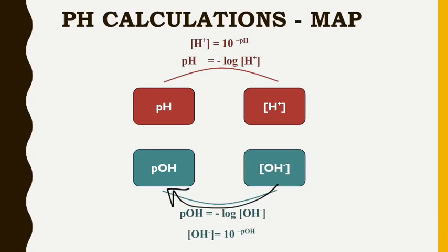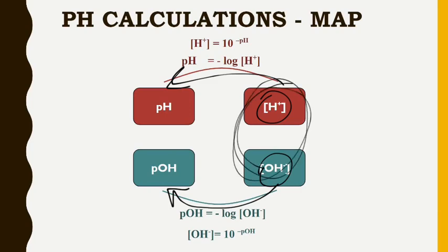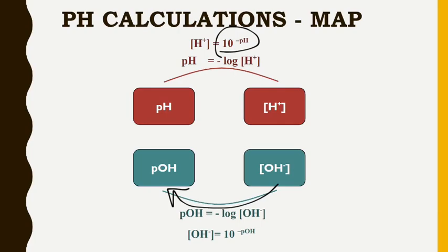So we can get to pOH or pH from our concentration of H and OH. We just need to make sure that that matches. If we take the negative log of one of these ions, we're going to get the p of that ion. And then we're doing 10 raised to the negative pH. If we wanted to calculate the H plus and we have the pH, then we do 10 raised to the negative of whatever that pH is, and that'll get us our H plus value.